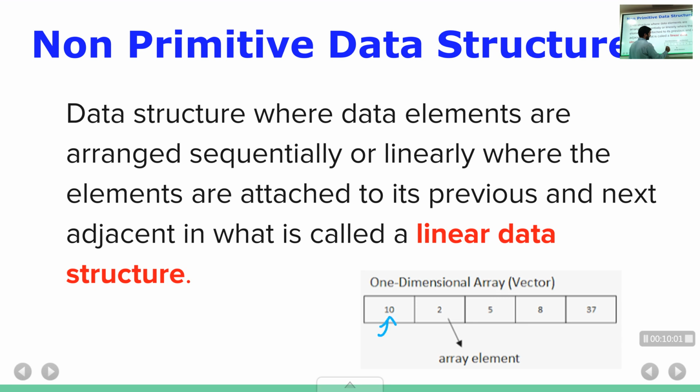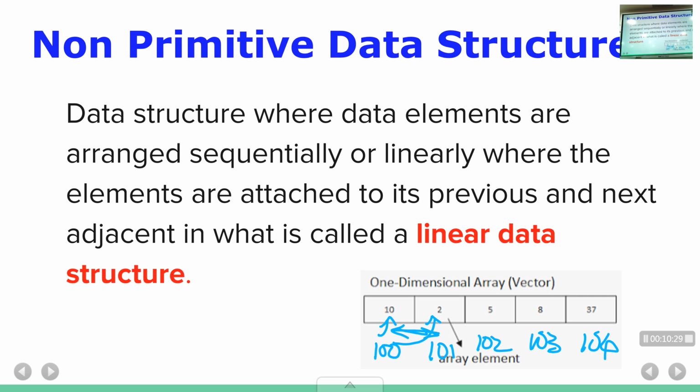Each data value is stored adjacent to its next value. They are stored in continuous memory locations. If this memory location was 100, the next would be, for example, 101, then 102, 103, 104. Just for example, I am giving you those numbers.